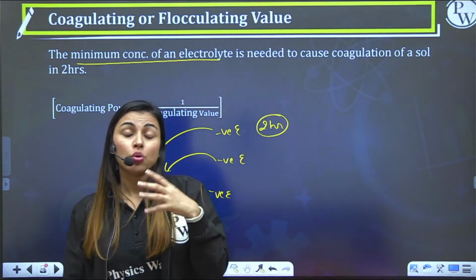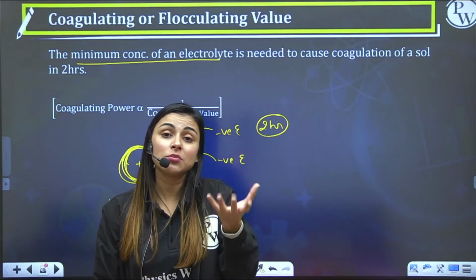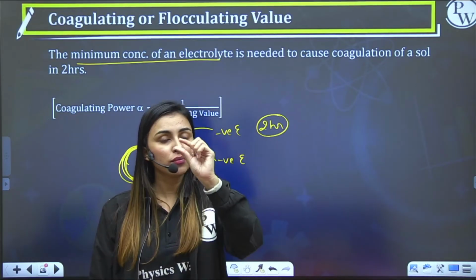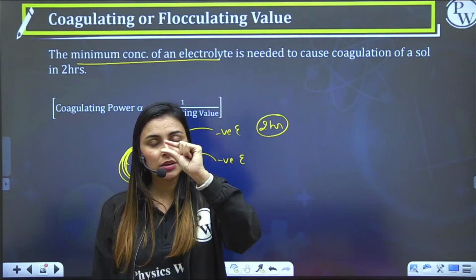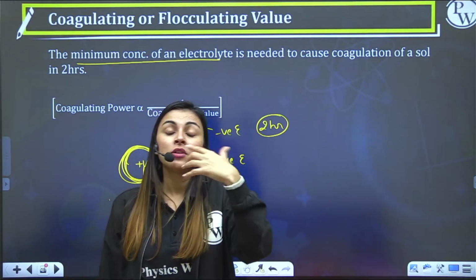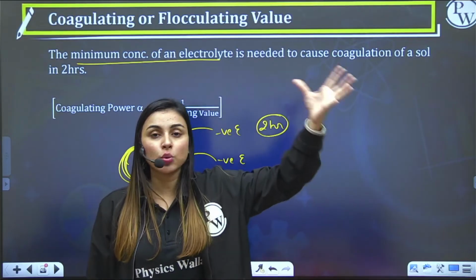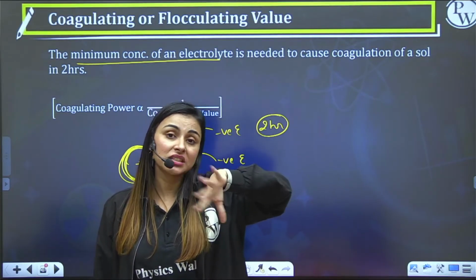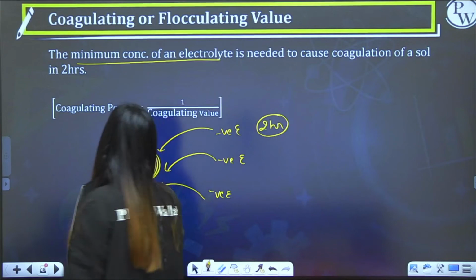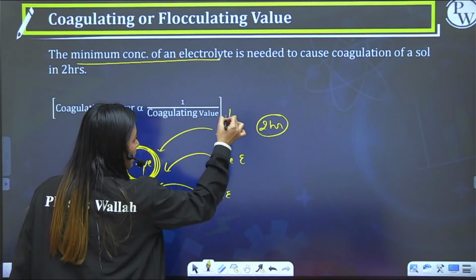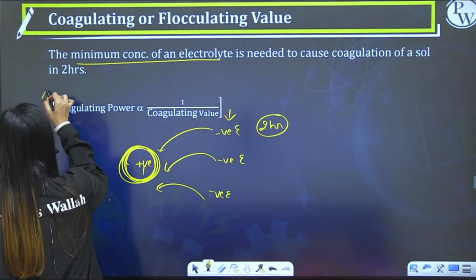The electrolyte that is used in the minimum amount will have the maximum power, because even a very small amount coagulates the colloid. This means that it is very powerful. So we say that the lesser the coagulating value, the more the coagulating power.